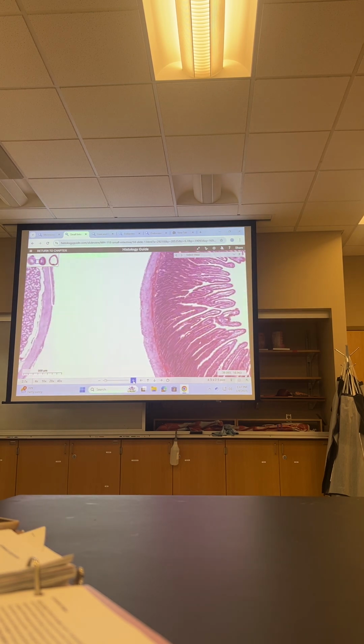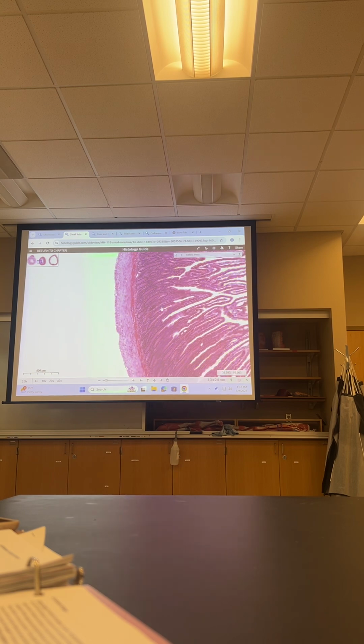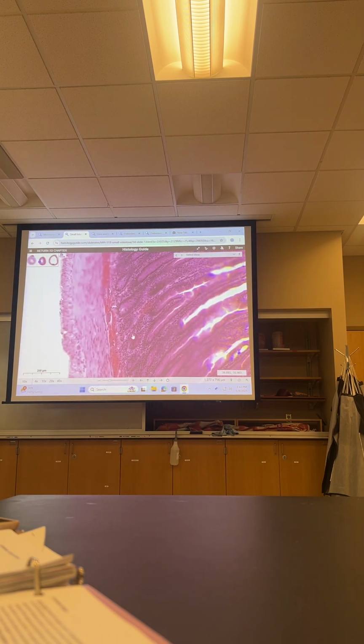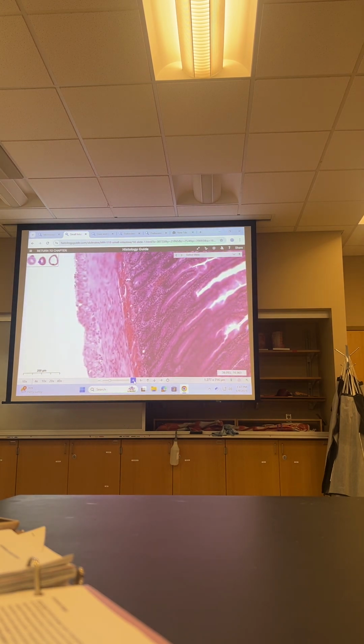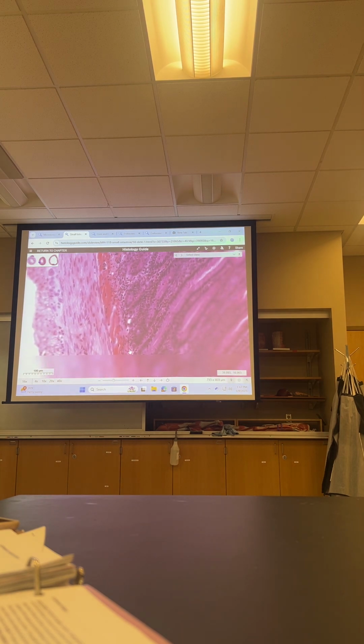So then when we zoom in, the submucosa, so we get it close enough that we can kind of see. So this lighter layer right here would be the smooth muscle, so the muscularis mucosa. Then the darker layer right here, that's the submucosa right there. It's pretty thin. And then this layer right here is that muscularis externa.